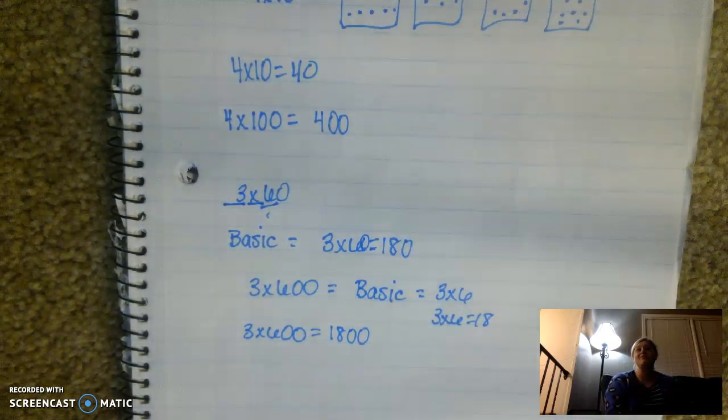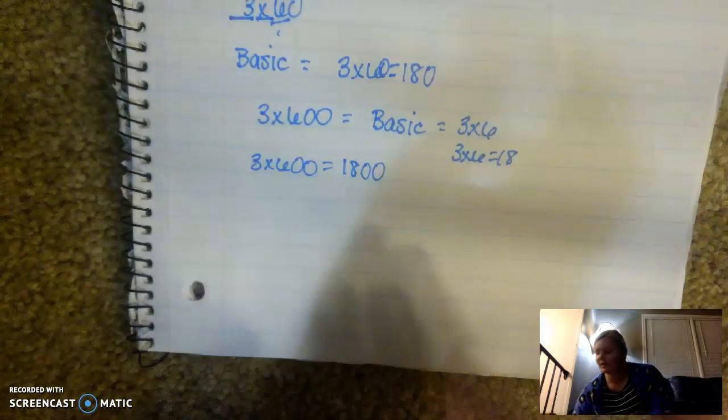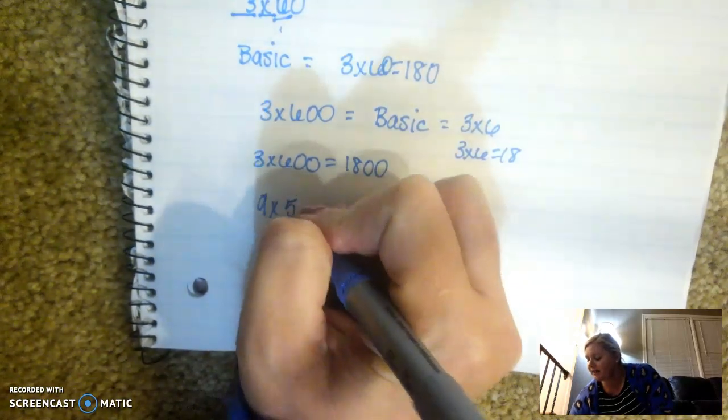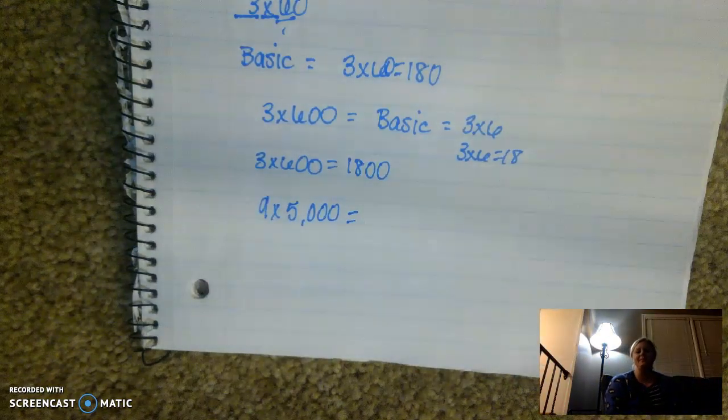I like trying to think of some of the multiplication numbers that we have. Let's do 9 times 5,000. Okay.